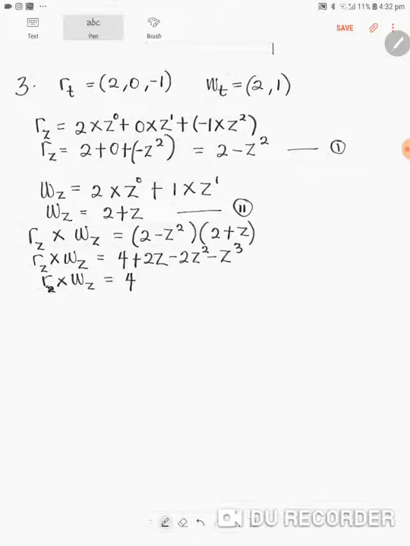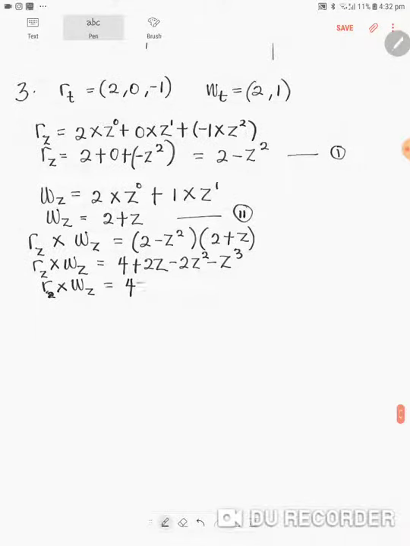So we're going to read the corresponding value of Z. Okay, so if we were going to put all of this in Z perspective, we're going to have this raised to power 0, because 0 raised to power 0 is 1, and 1 times 4 will still be 4, plus 2Z minus 2Z square minus Z cube.